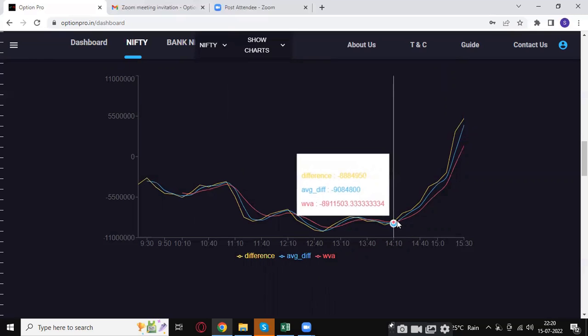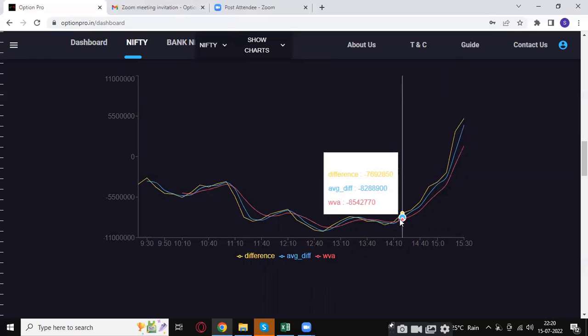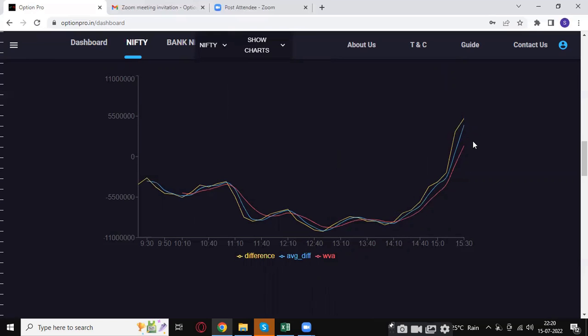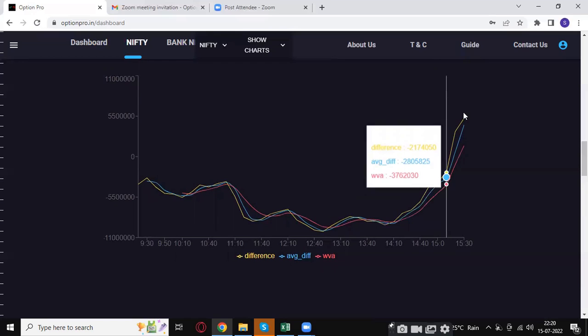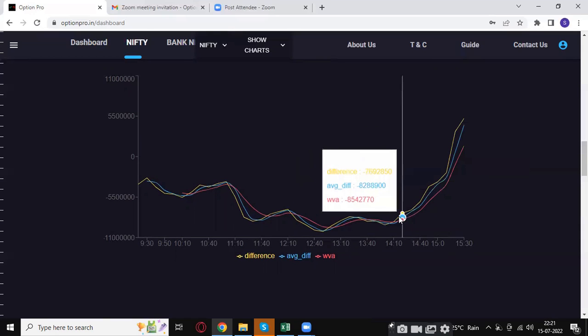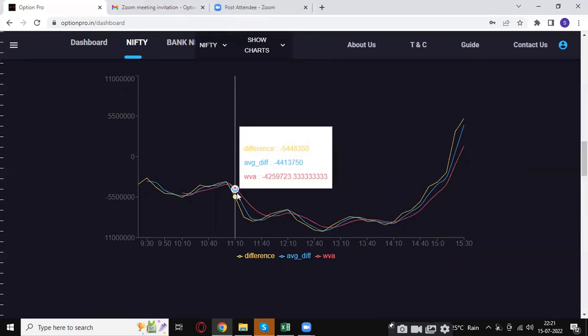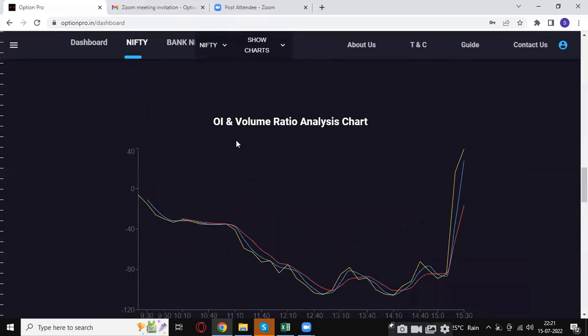If this yellow line, the difference line, is above both the average difference and the weighted average, then it is a positive sign, so Nifty will go up from here. You can take trade based on this. Simple: if the yellow line is going above both the other two lines, it is positive. If the yellow line is going below both lines, it is negative, right?